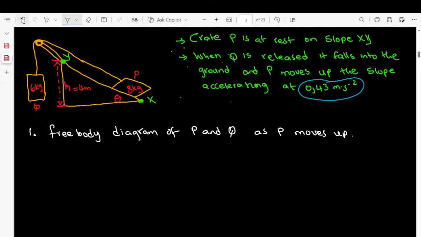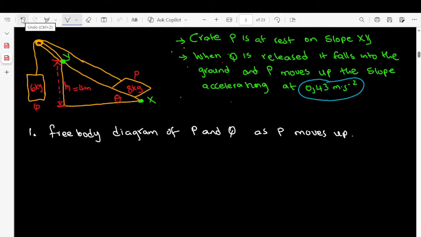I need you to work on this and try to figure out how the free body diagram will look like. How will the free body diagram look like when we have this type of problem? Let's start with Q, guys.